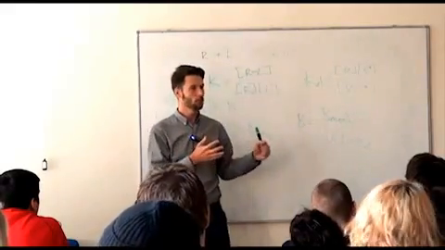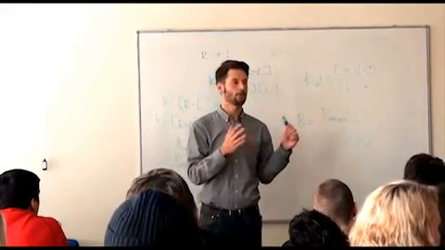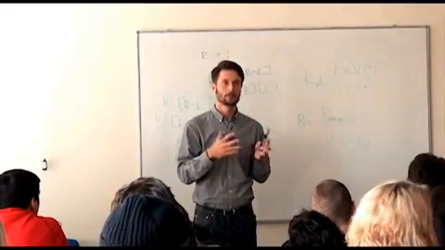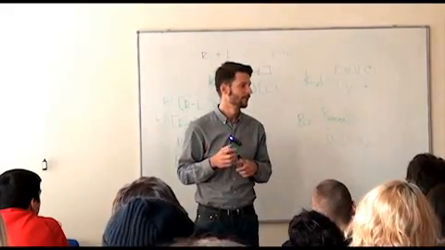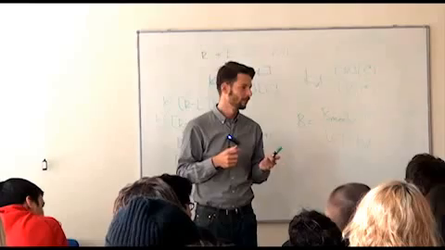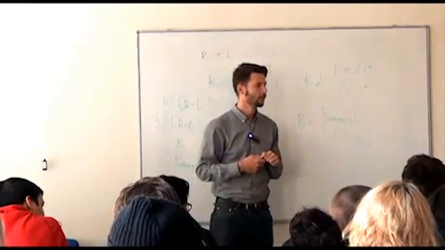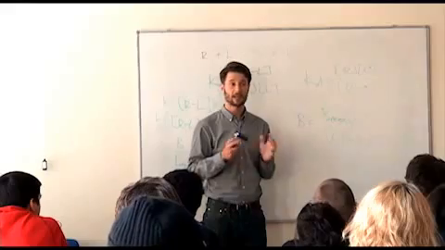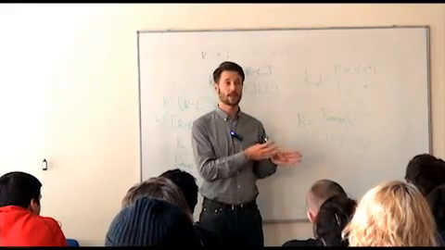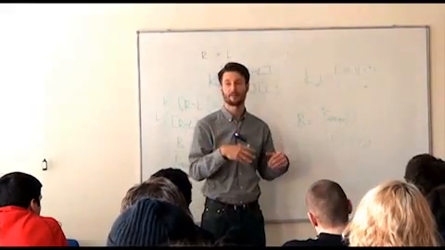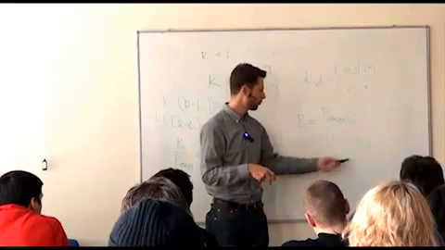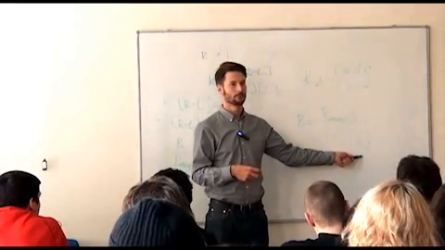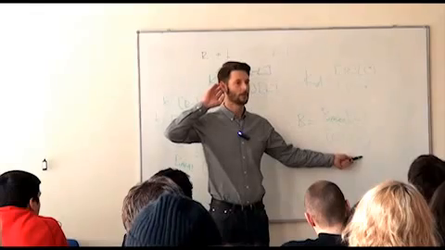Now, what is the Michaelis constant? How would you define it? How would you explain it to somebody? The substrate concentration where the velocity goes after maximum. Okay. The Michaelis constant is the concentration of the substrate at which the reaction is half maximum. Right. What is KD then? Speak up.